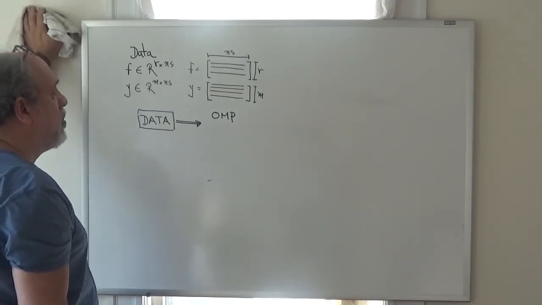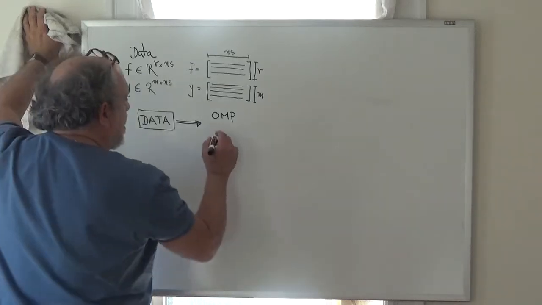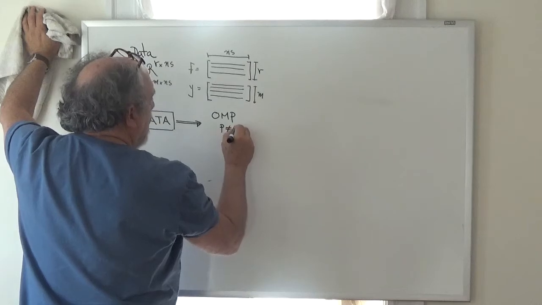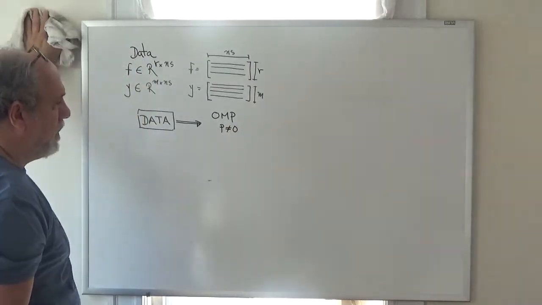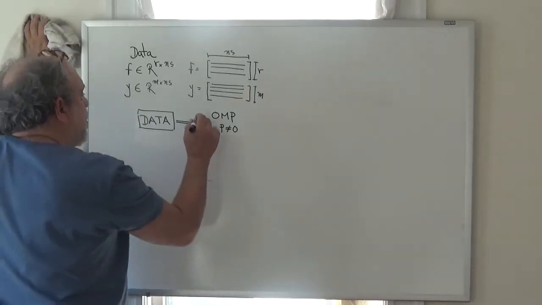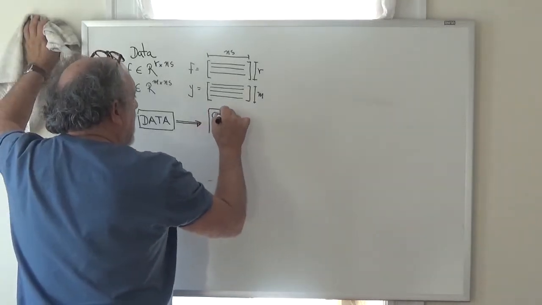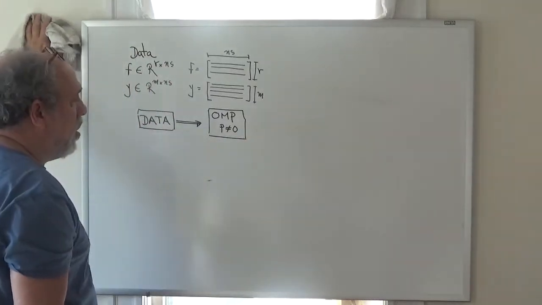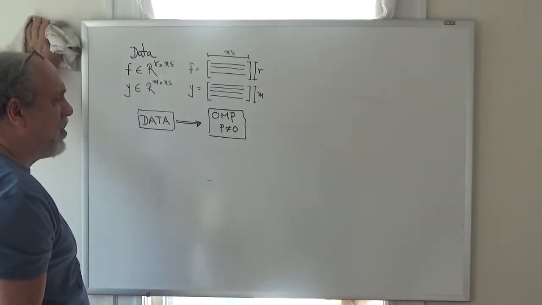Now, how many observer Markov parameters are not 0? Let's say we call them P. How many observer Markov parameters are not 0 is a user's choice.